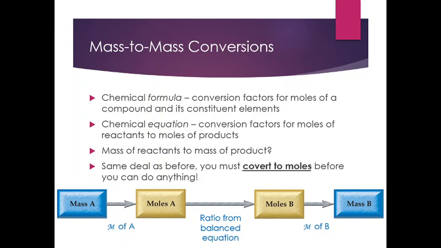What I mean by that is H2O tells us there are two hydrogen atoms for every one oxygen atom, whereas a balanced chemical equation tells us the relationship between every one of the reactants and every one of the products. We've done a couple of examples of converting from moles of reactant to moles of product, or moles of reactant to moles of another reactant.